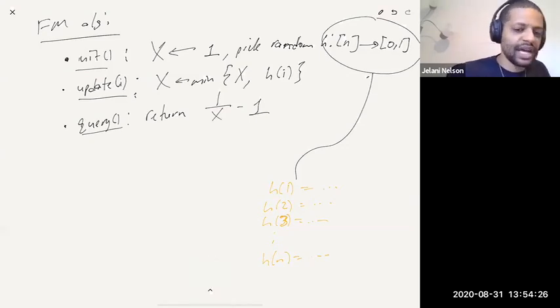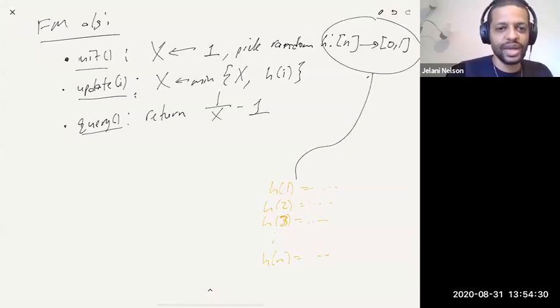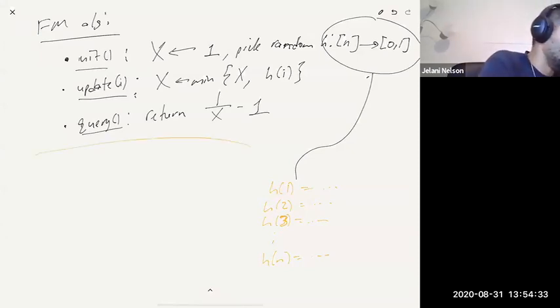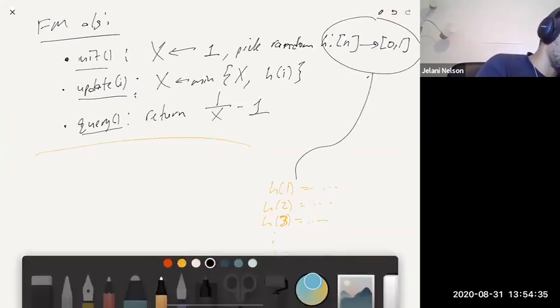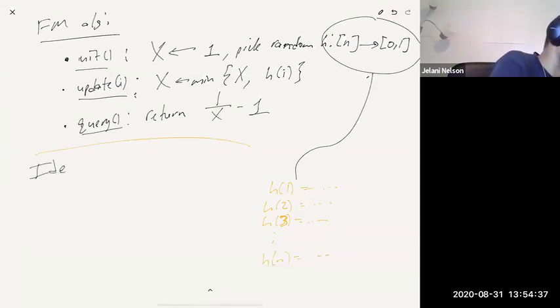So why does what we're doing make any sense? Where is this coming from? The main idea here, let me actually switch back to color, the main idea is order statistics.